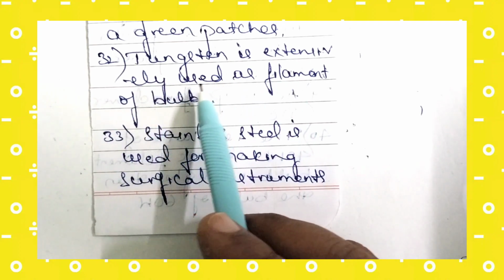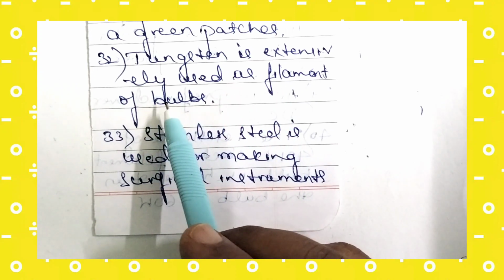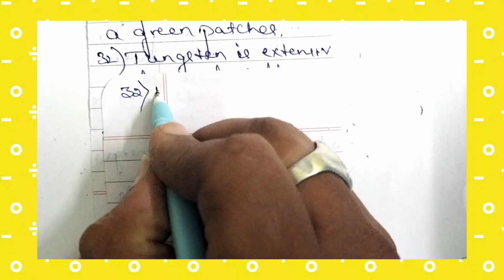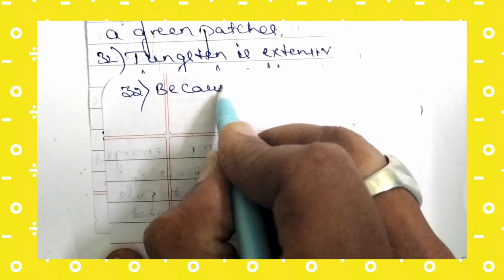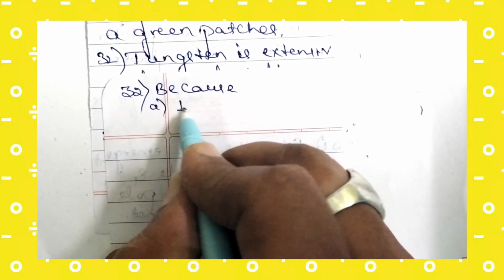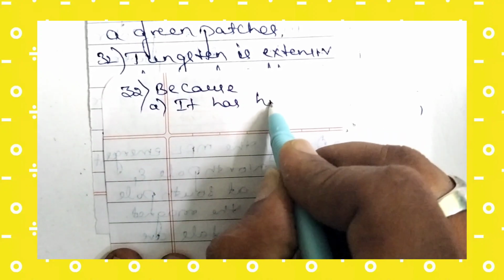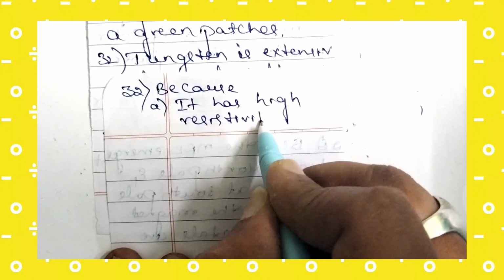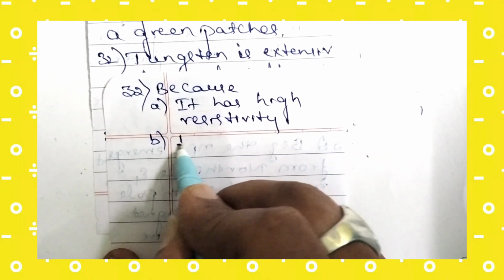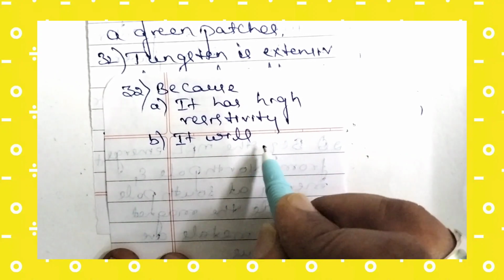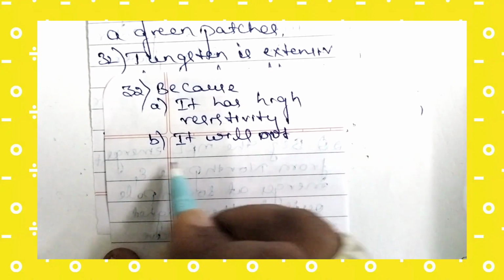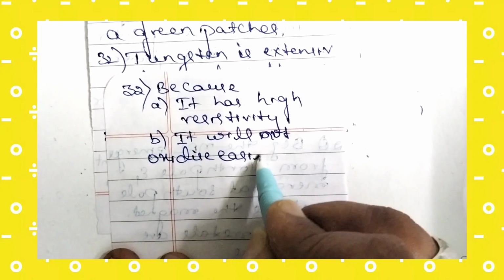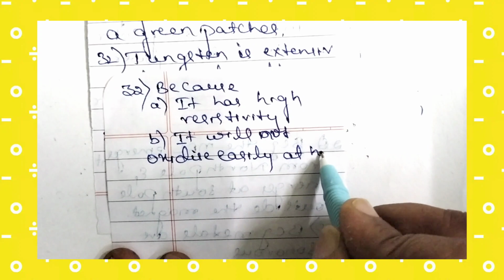Tungsten is extensively used as a filament of bulb because it has high resistivity, or even you can write it will not oxidize easily at high temperature.